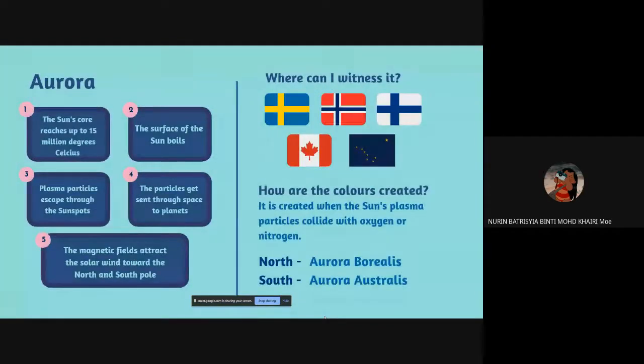Okay, hi. So next I will be explaining about the aurora phenomenon. As we all know, the sun's core can reach up to 15 million degrees Celsius, which will cause the surface of the sun to boil, and also the plasma particles inside the sun to move around rapidly. Eventually, the plasma particles will be able to escape the sun through the sunspots and get sent through space to planets in our solar system, including Earth.